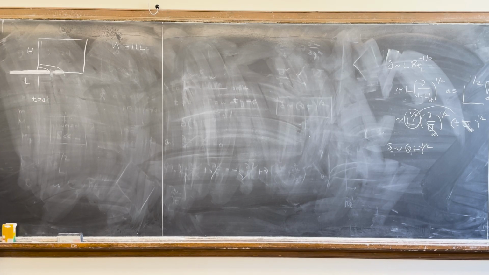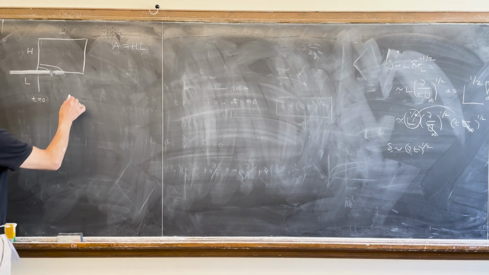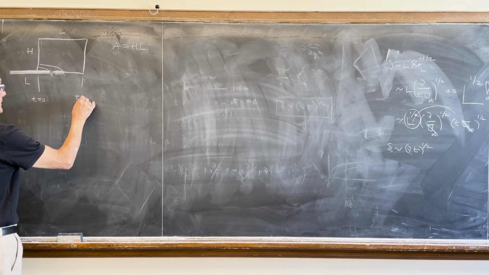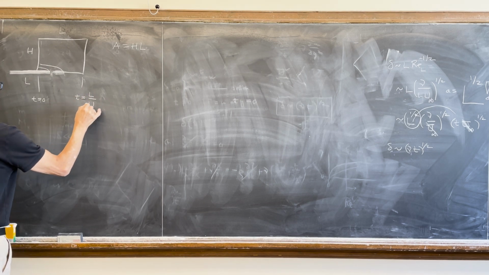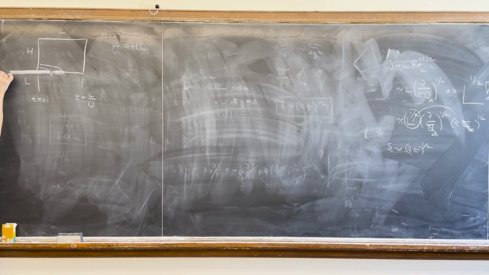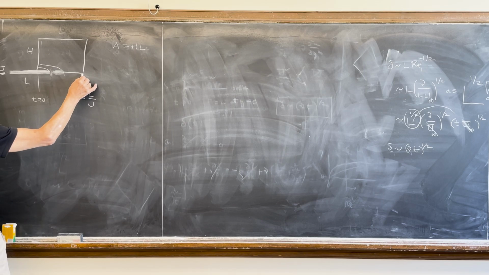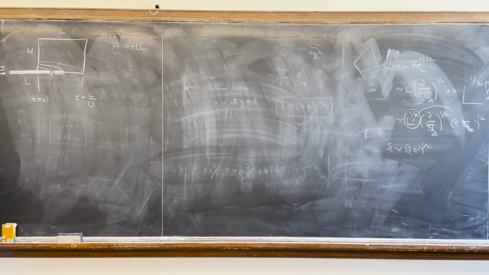And then, of course, this story ends at time t equals L over u. This is the speed u constant. At that stage, the boundary layer is as thick as it will ever be.